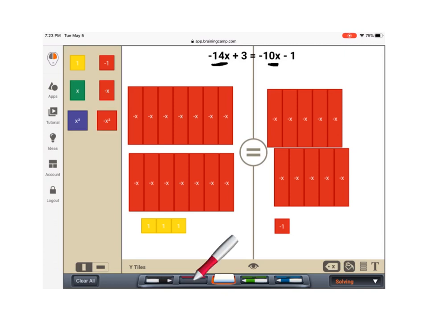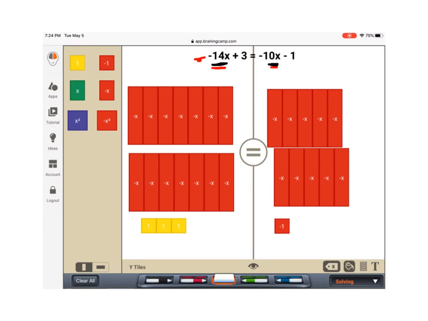Now the question is, do I get rid of these or do I get rid of these? I said last time that I always get rid of the smaller number of x's. Well, 14 is a lot of x's, but it's negative 14. So really, negative 14 is the smaller number. And again, it doesn't matter, but I'm going to get rid of the negative 14 x's first.